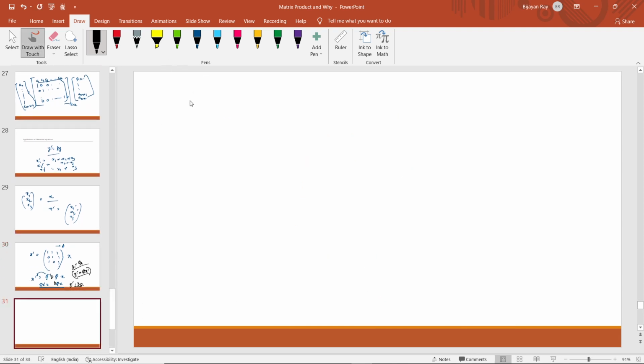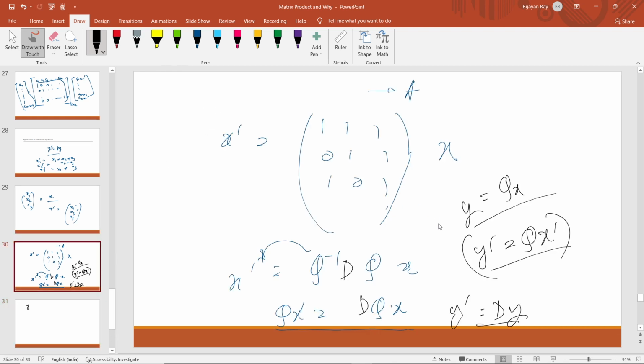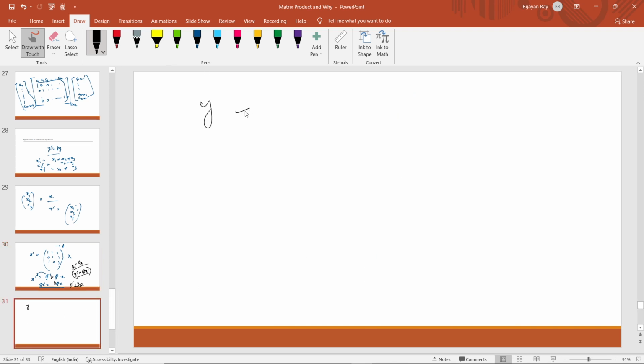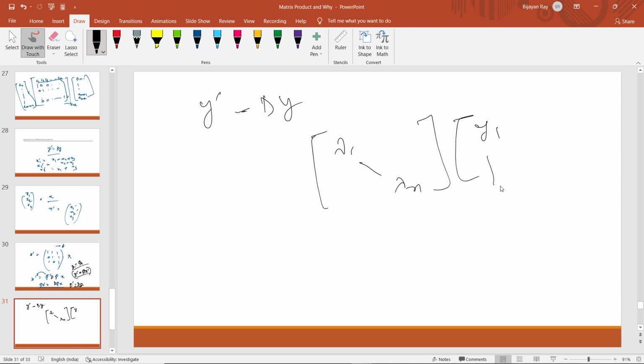Wait, could you just go back to that slide one second? Cool. So here y prime equal to Dy. Basically D is a diagonal matrix with entries lambda 1 to lambda n, which we just saw will actually be the eigenvalues when the eigenvalues are distinct, and y prime is y1 prime through yn prime.